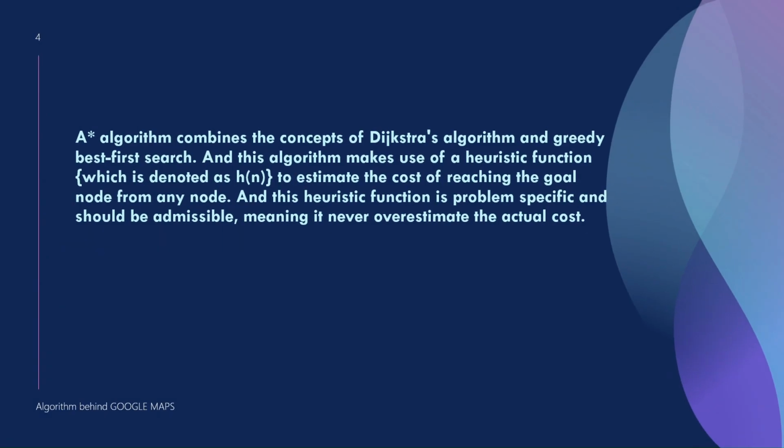The A-star algorithm combines the concepts of Dijkstra's algorithm and the greedy best-first search algorithm. It makes use of a heuristic function, denoted as h(n), to estimate the cost of reaching the goal node from any node. This heuristic function is problem specific and should be admissible, meaning it never overestimates the actual cost.